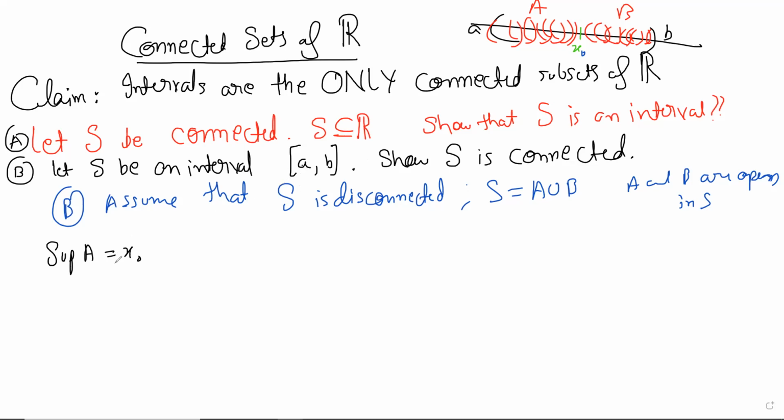Yeah, in that case, if you're going to take the supremum, we would like to show that the supremum x naught is not in A. So that's the first claim. Okay, claim is that x naught is not in A. Try to prove this.